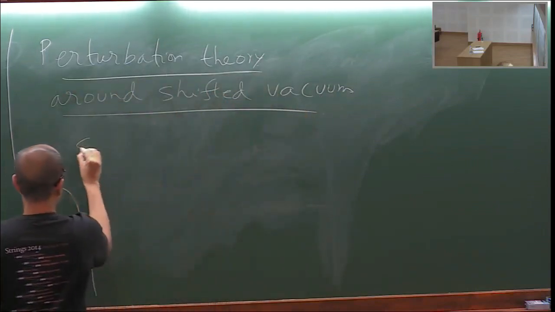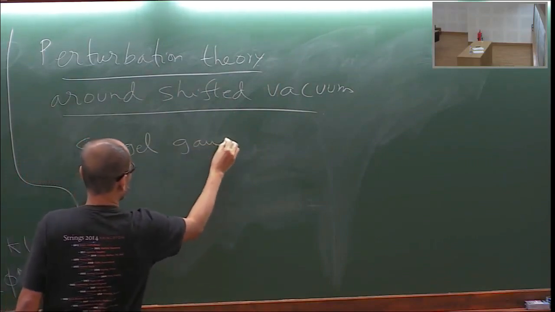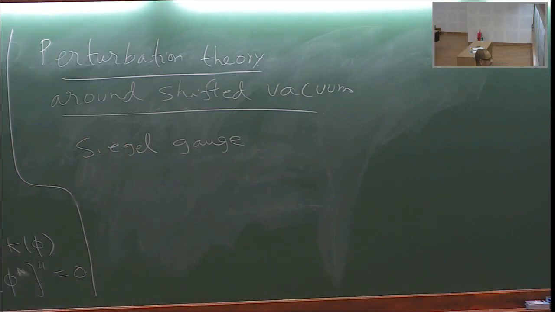Okay. So we can work in the Siegel gauge. But does this help you to construct the supercharge, or even in general the global charge? Can one use this to construct that?